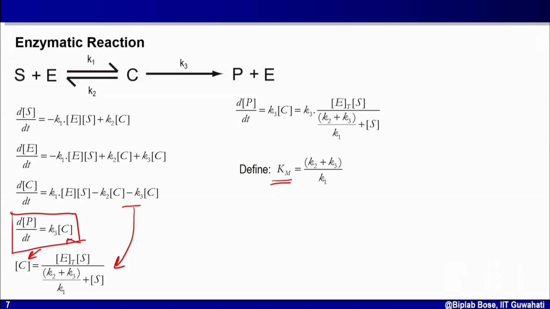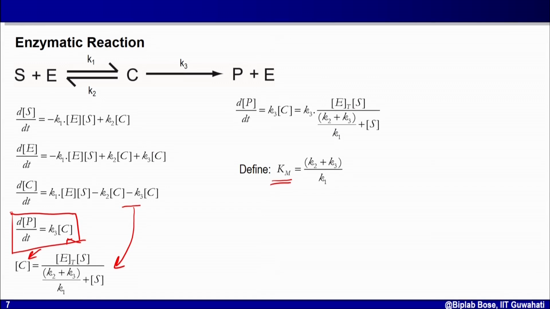And remember, this is very common in biochemistry books. Biochemists who characterize enzymes calculate this Michaelis-Menten constant for these enzymes, and that is very helpful for our modeling, because we can take those numerical values for Km and plug them into our ODE. So Km is defined as (K2 plus K3) by K1.